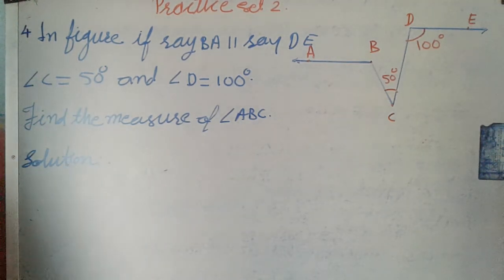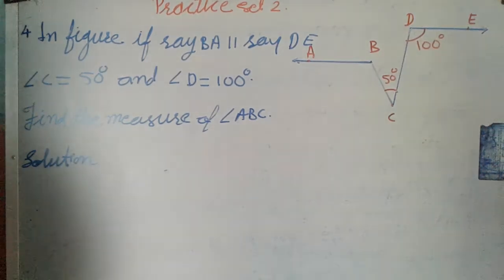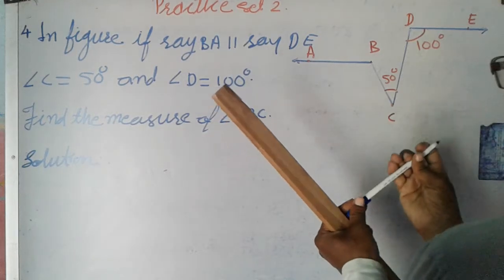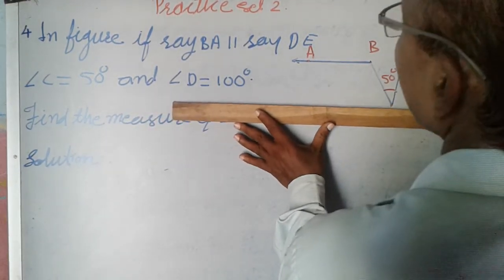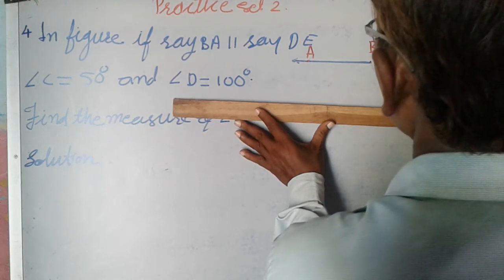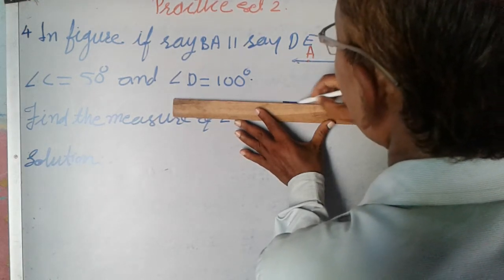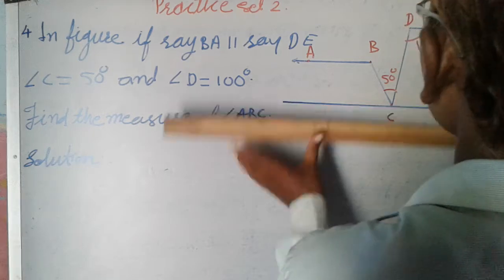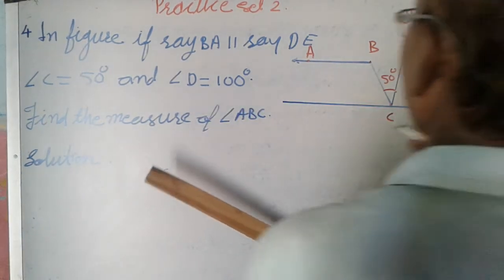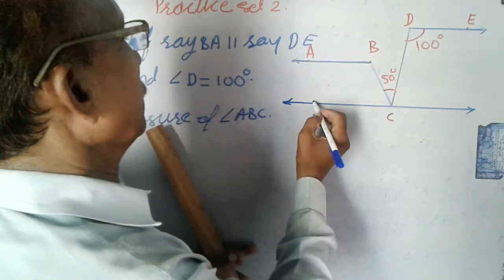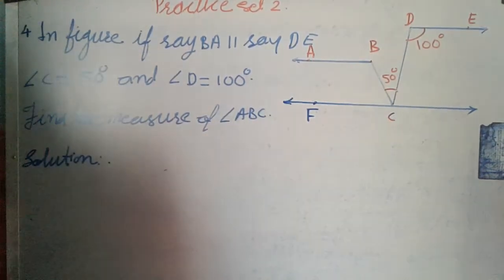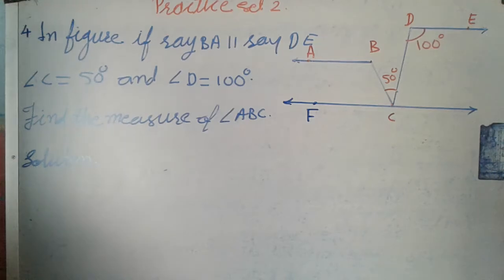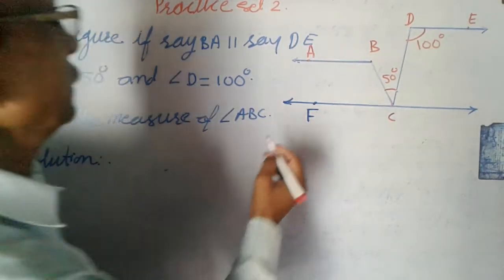So here, draw a line passing through C and parallel to AB. Suppose this is line CF.